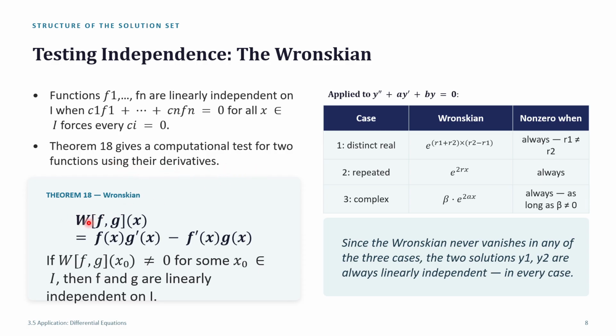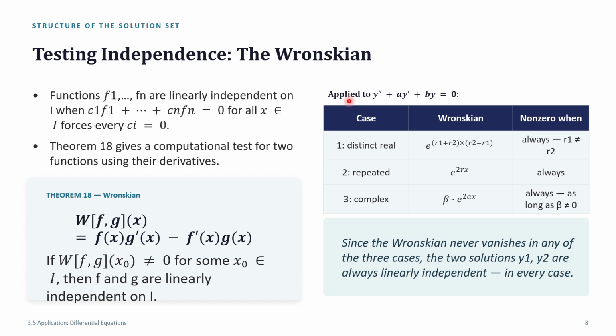The Wronskian of f and g with respect to x is equal to f of x g prime of x minus f prime of x g of x. If the Wronskian of f and g at some x0 in the interval is not equal to 0, then f and g are linearly independent on that interval.